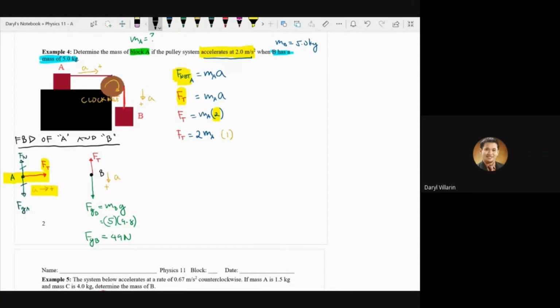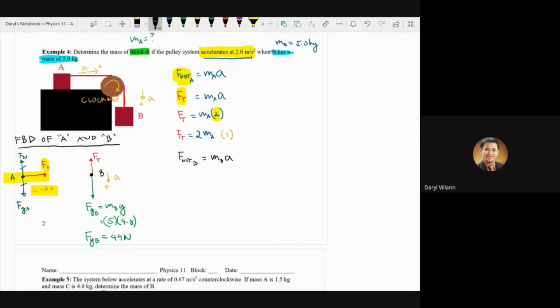However, I can also create another equation from my object B, because F net on B is equal to MB times A. Again, since the object B will also be accelerating, but its acceleration is along this vertical line, it's going down.